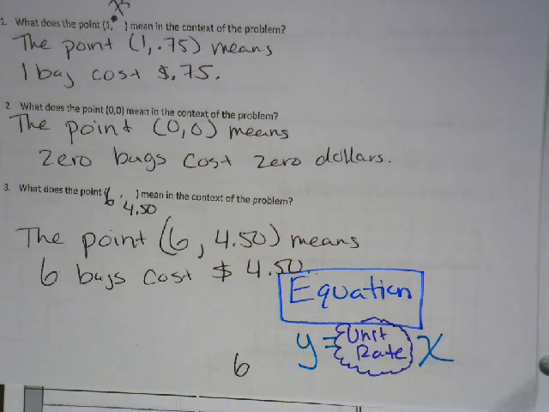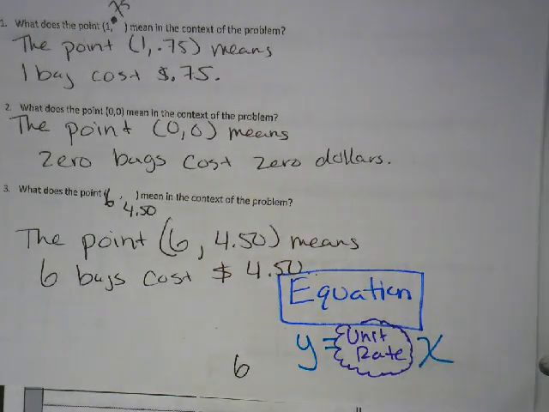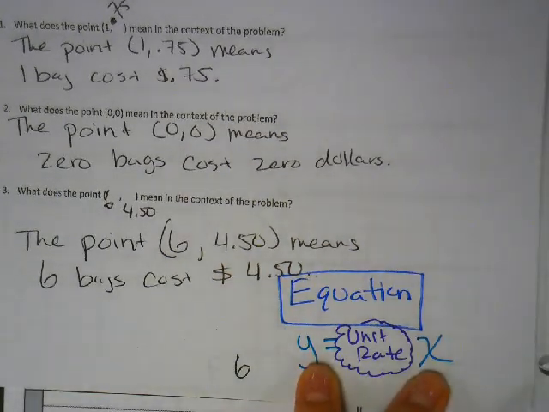Why do you think I have a y and why do you think I have an x? Why didn't I choose different letters? Why do I use the letter y and the letter x?